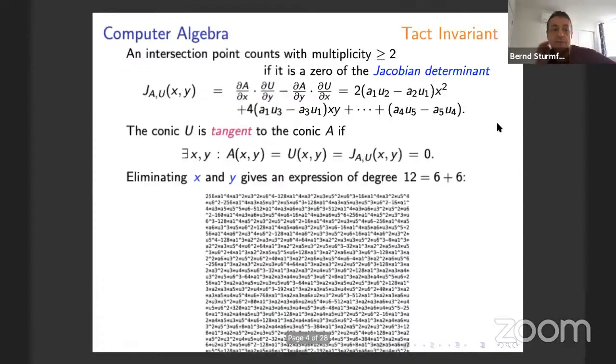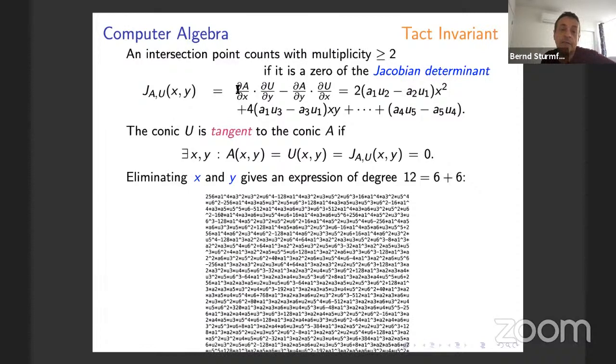Okay, so tangency. When we count intersection points, we say an intersection point counts with multiplicity 2 or more if, in addition to the 2 given quadratic polynomials, also the Jacobian determinant vanishes. Recall A and U are the 2 given conics.